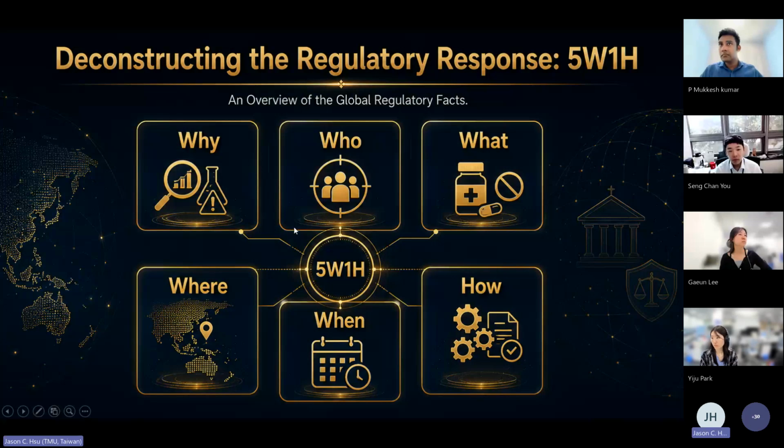Okay, and the next one is what. For example, what is the actual clinical restriction imposed in rates? Okay, and then where? Where are these policies being implemented across APAC countries, and how intense, like the level of force, are they in different countries? And this is about where. So this is an interesting point because our study is a multinational collaboration.